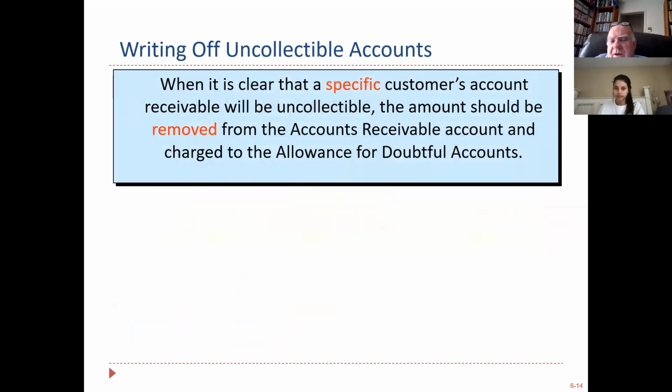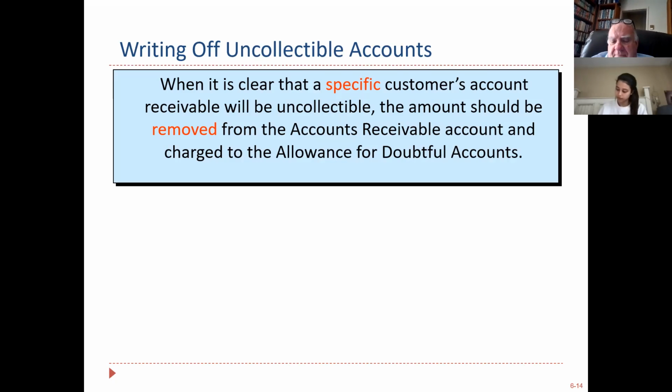Now, when we don't know who the bum is, we debit bad debt expense and we credit the allowance for doubtful accounts. Now we go into the future and we find out who's the bad debt. Here's where we're going to write it off.